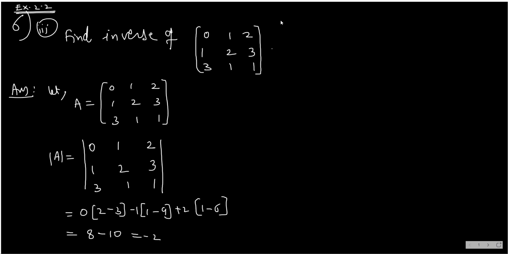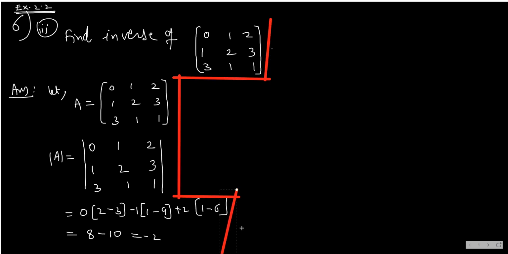Now I will use the row transformation. So you know, students, since the determinant is not 0, what I got? I got determinant not equal to 0. I will write here, since determinant of A is not equal to 0, therefore A inverse exists. Okay, we can get the A inverse.